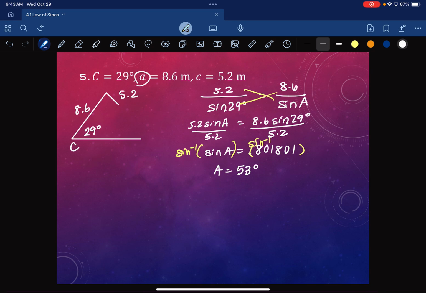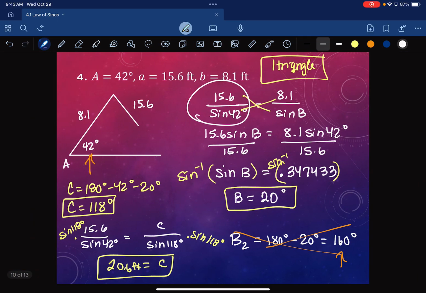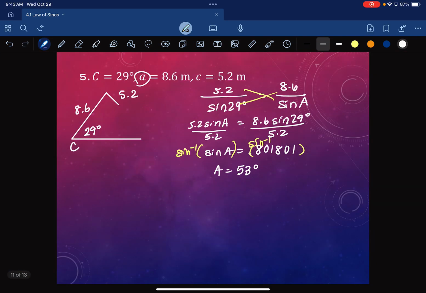Okay. Now, we're going to do the same thing we did over here when it didn't work. We're going to see if there happens to be another angle that works. So the way that we do that is if there's a second angle, we'll call it A2, then it will be 180 minus the A that I already found. So 180 minus 53.